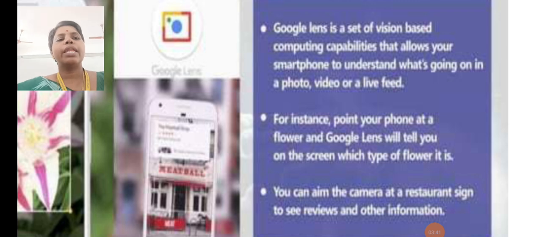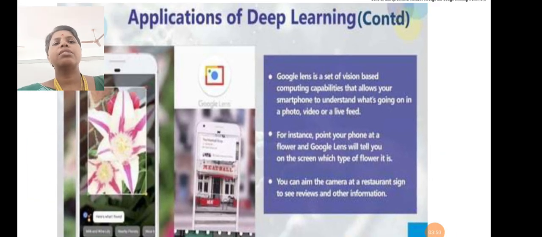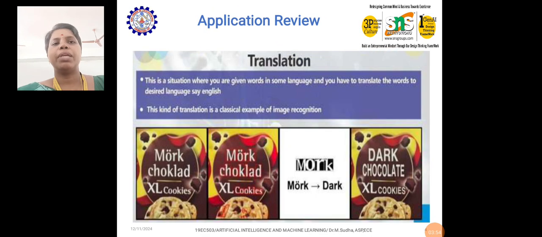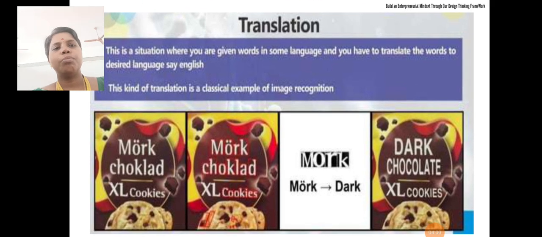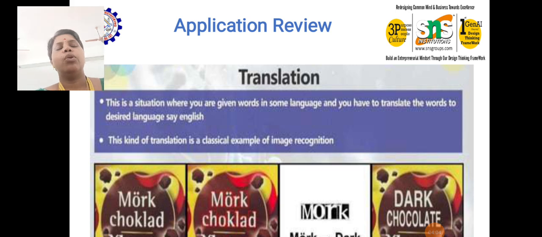You can aim the camera at a restaurant sign to see the reviews and other information. Likewise, many major things follow, including applications of deep learning. Coming to translation, it plays a very crucial role, because we all have multiple languages, and while moving from one country to another we suffer a lot.